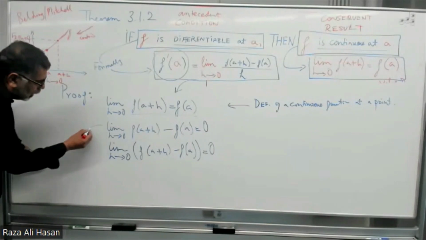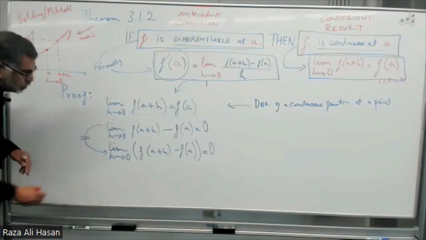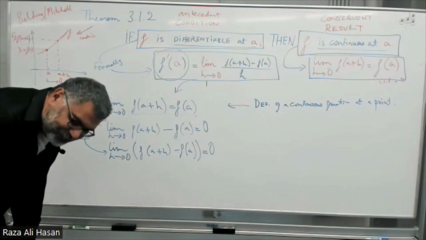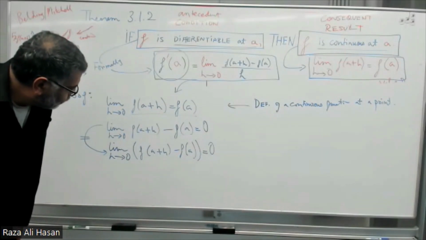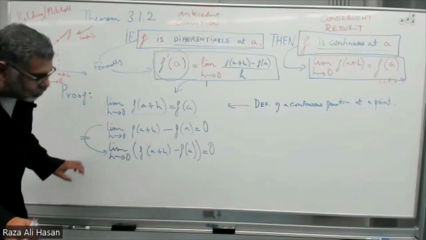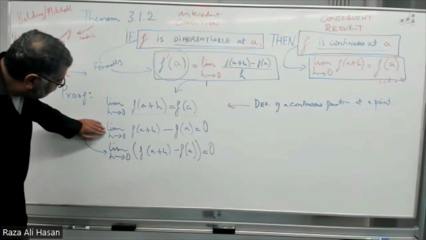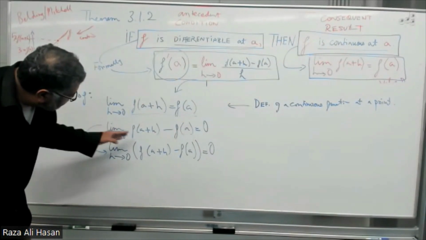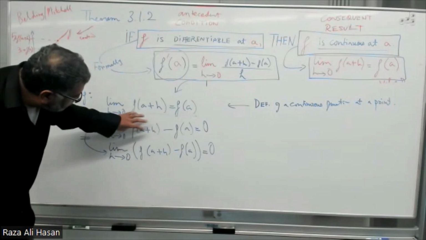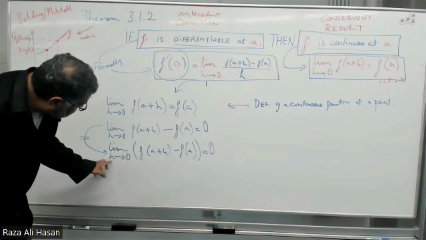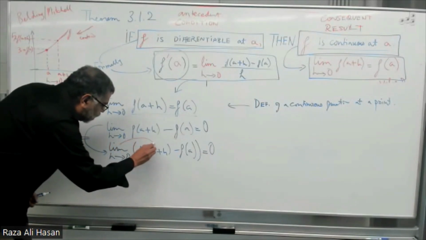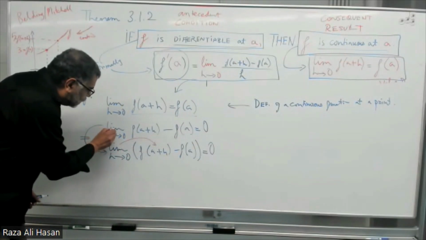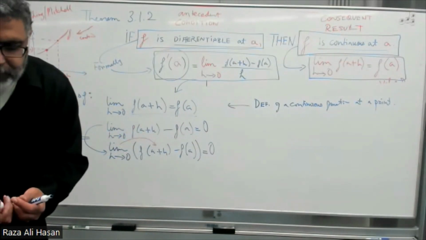So my question to you is, are these two guys equal to each other? Let's see. Yes, go ahead. Yeah, I guess they would be, right? Let's look at this number and this number. This says this limit is applied to f of a plus h, whatever that number. And down here, what does this mean? When we distribute this and apply this limit to the first term, the results would be the same, right?